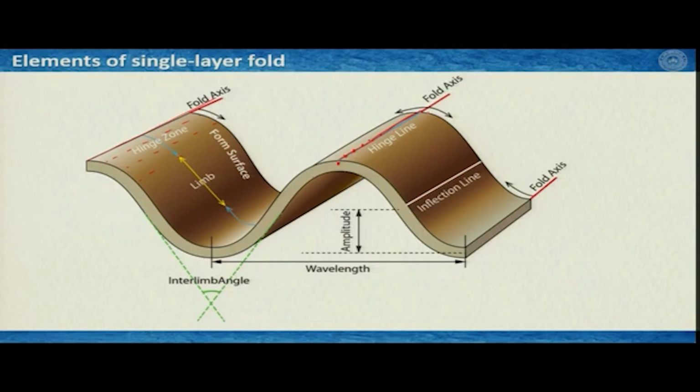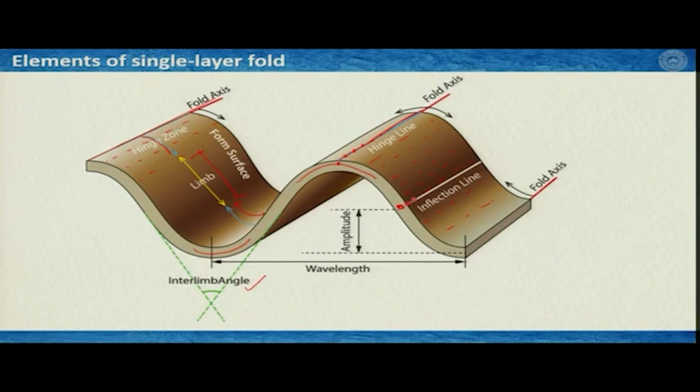The hinge line is in most cases parallel to the fold axis, but not necessarily is the fold axis the hinge line. Any line that runs parallel to this folded surface can give you the fold axis. So, this is your interlimb angle defined with these green lines, this is your hinge zone, this is your limb, this is your hinge zone, this is your concave side, and this one is your convex side, and this was the inflection point.